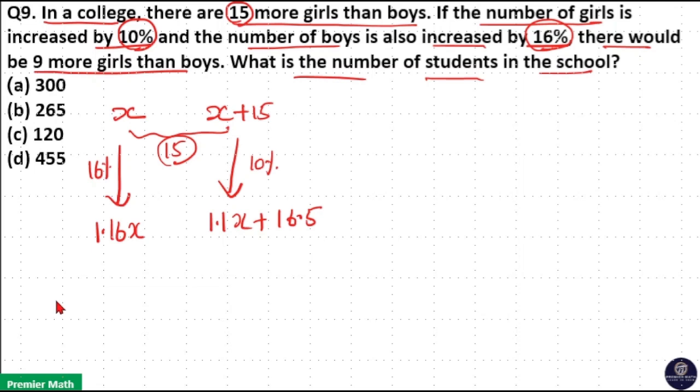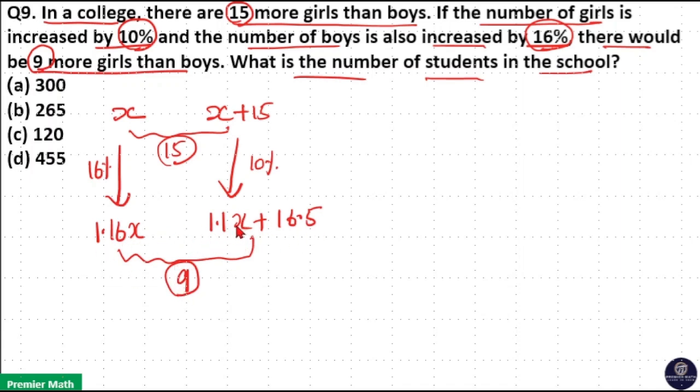Now, after these increments, there are 9 more girls than boys. That is, difference between these terms is 9. Initially, the difference was 15. Now, the difference is 9. So, take the difference between these two terms. That will be equal to 9. Here you don't have to worry about anything because all are positive terms.